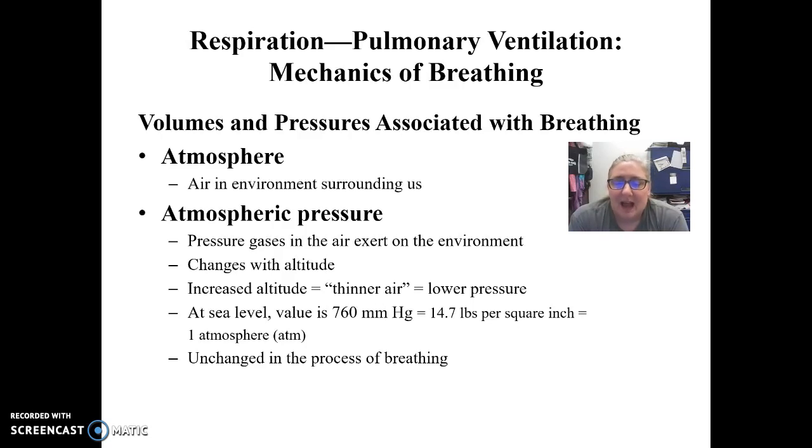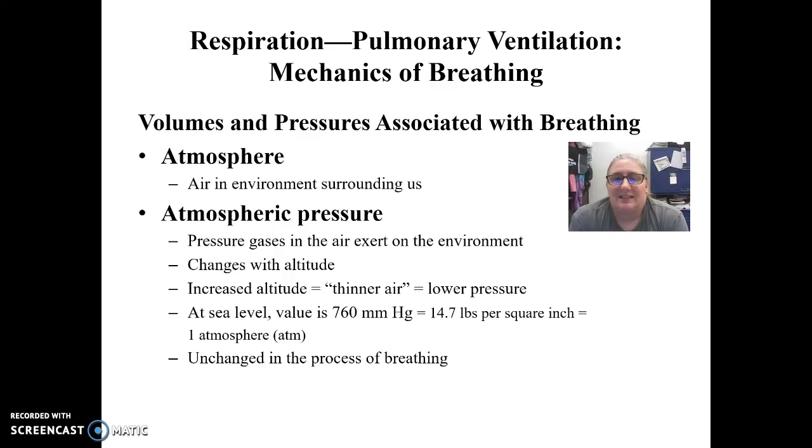If we go higher up in altitude, the atmospheric pressure goes down. If we go lower in altitude, atmospheric pressure increases. But atmospheric pressure doesn't change if you stay at sea level. So when we breathe, the atmospheric pressure stays the same.